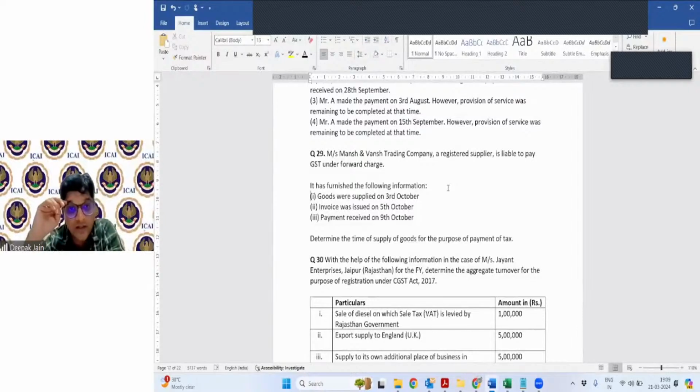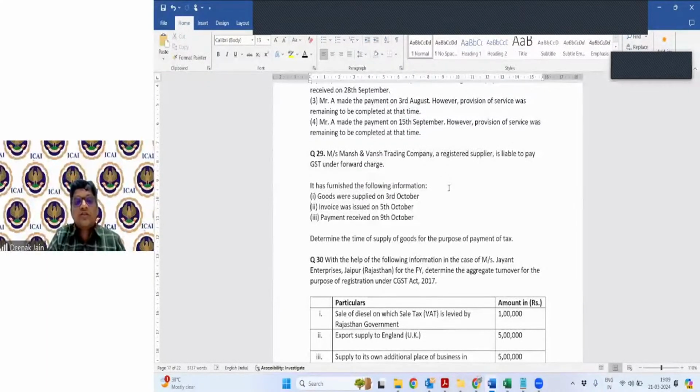Deepak Jha and Diksha have given the correct answer. What about others? Somebody is saying Harish and Avinash are saying the time of supply is 5th October.